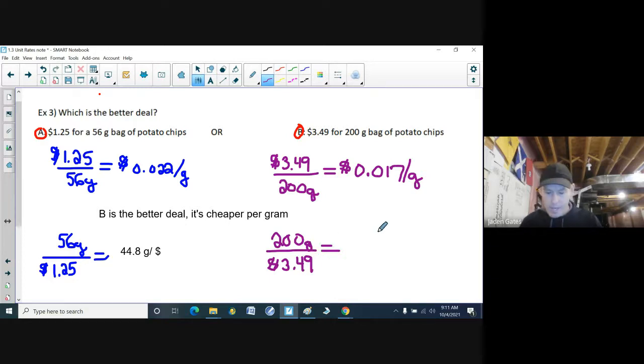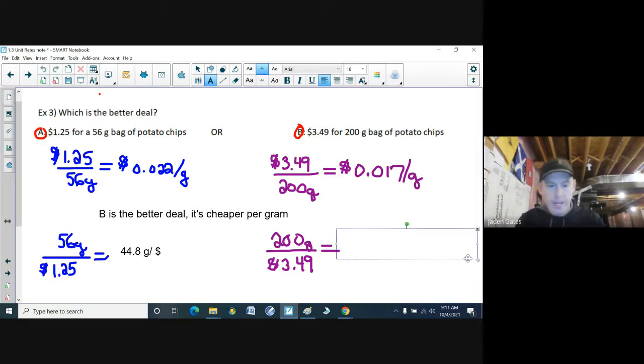And this time what I end up with is 200 divided by 3.49, and my answer this time is 57.31 grams per dollar.